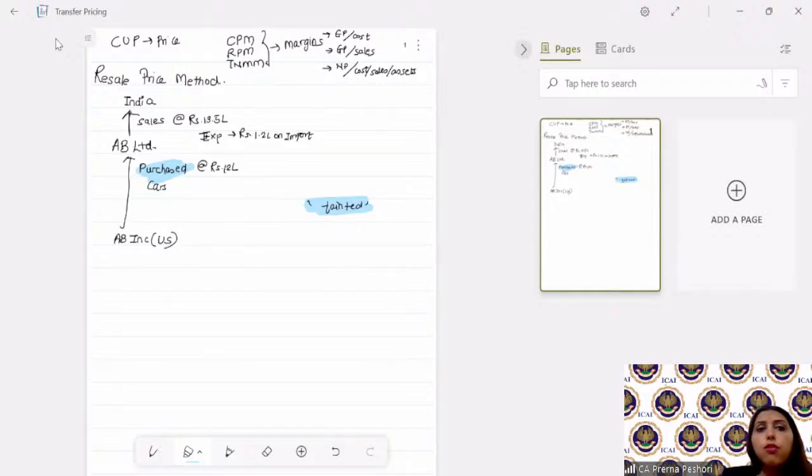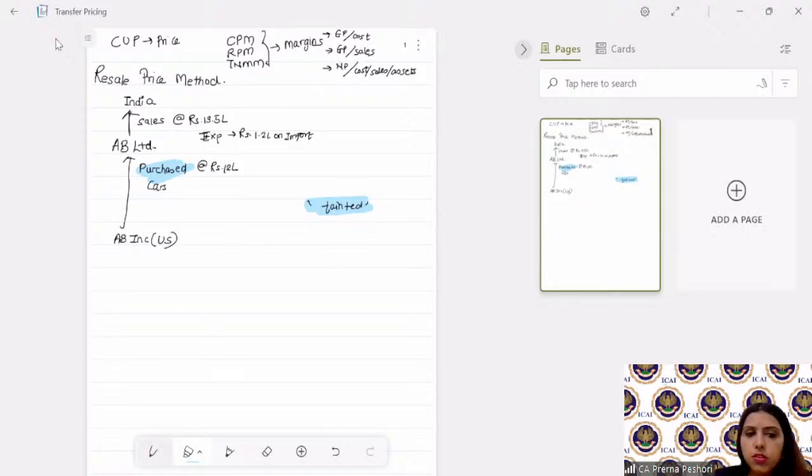So therefore, what I should ideally be comparing is the purchase. Sales is to the unrelated party, right? It is the purchase price, which is a tainted transaction, for which I should be finding a comparable.